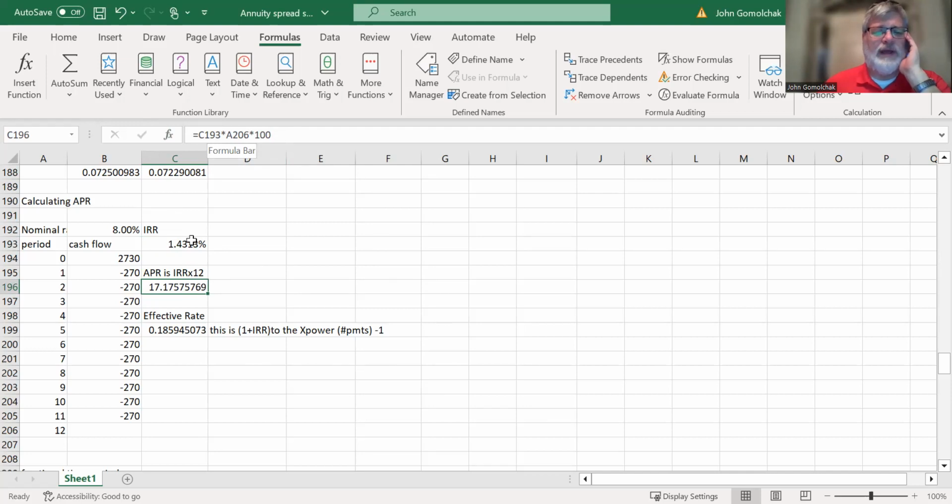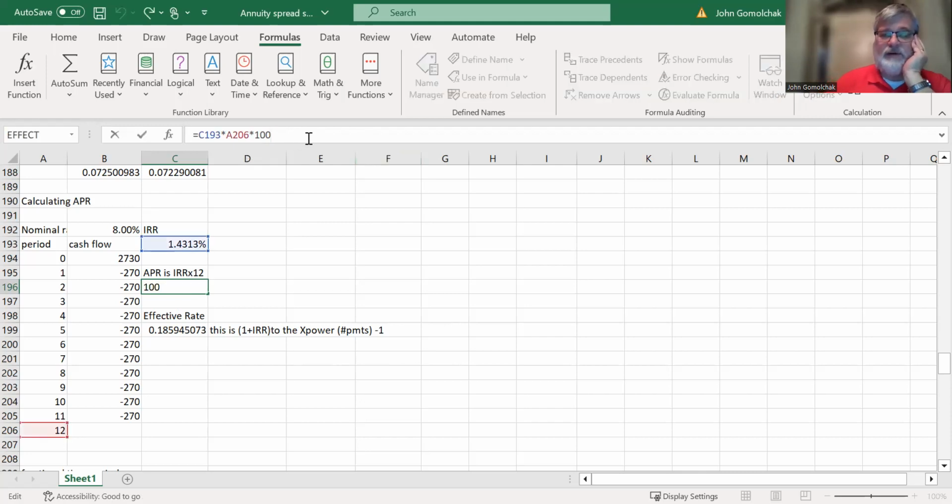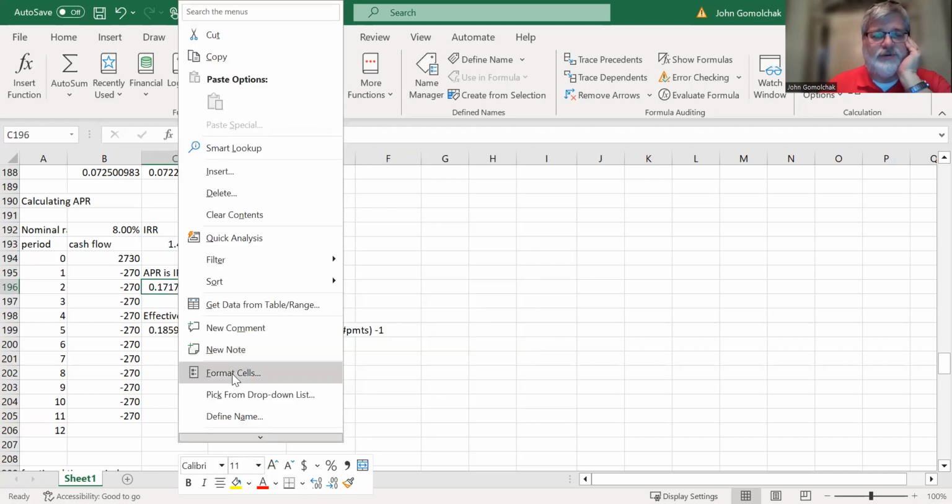I had to multiply it by 100 to get the percentage properly. Or I guess if I would have set this to, get rid of the 100, and just set this to percentage.